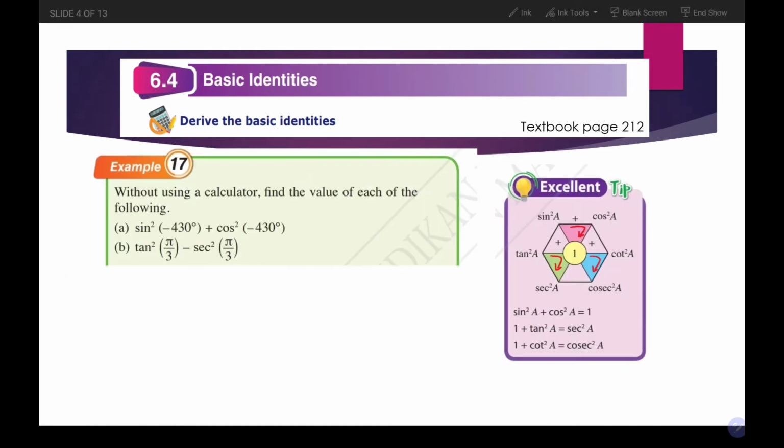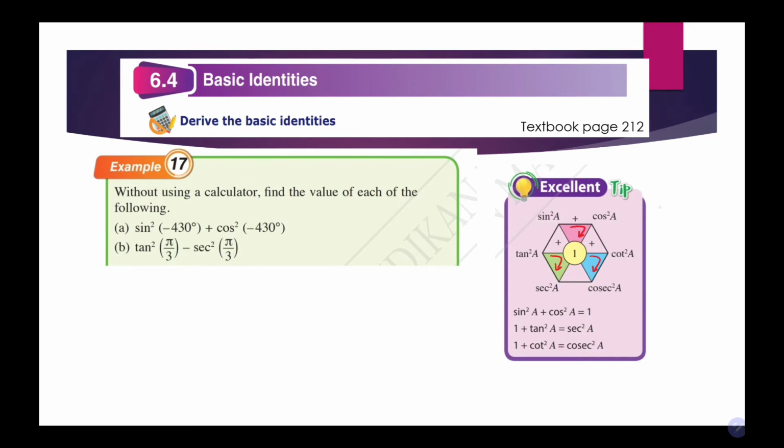Okay, so let's see how we use the three identities. As in the flipped classroom, the teacher has shared a video about the magic hexagon in trigonometry. You will see this hexagon. We start with tangent A, and then going clockwise, we know tangent A should be sine A over cos A. So sine comes first and then followed by cosine.